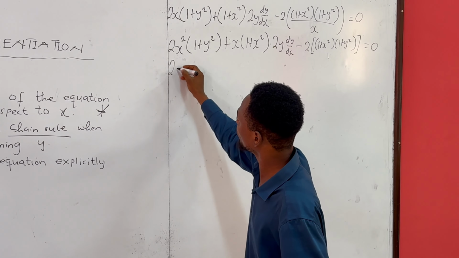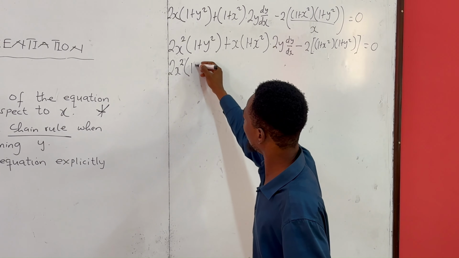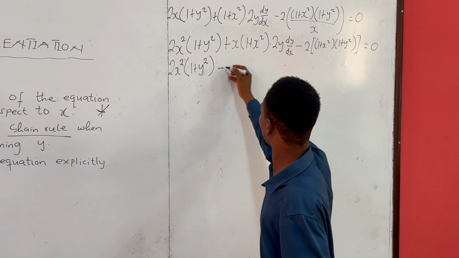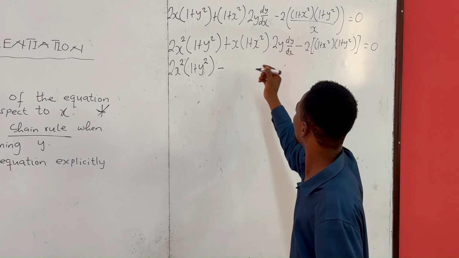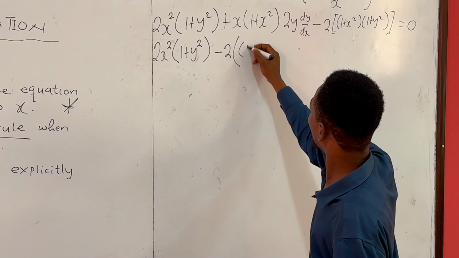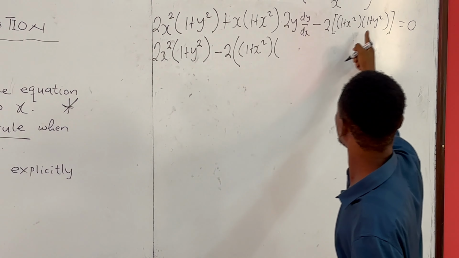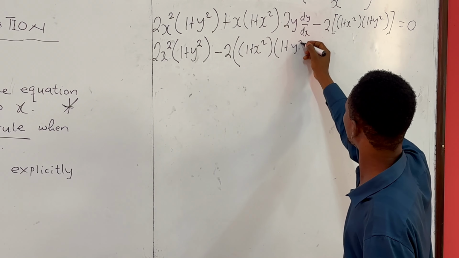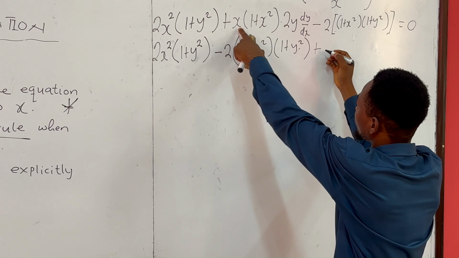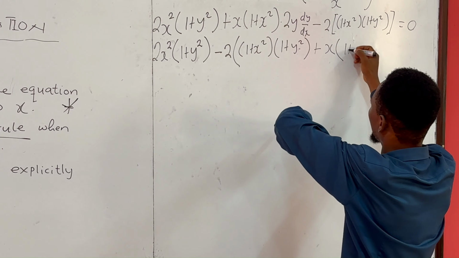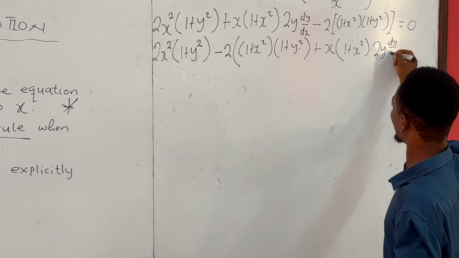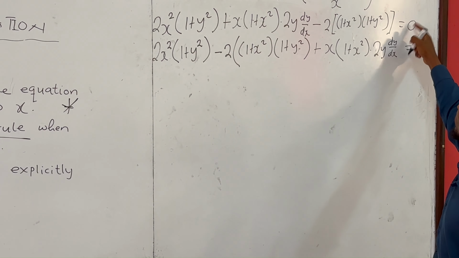So I'll have 2x squared bracket 1 plus y squared, then minus 2 times 1 plus x squared times 1 plus y squared. Then I'll bring this over here, so I have plus x multiplying 1 plus x squared multiplying 2y dy over dx, which is equal to 0.